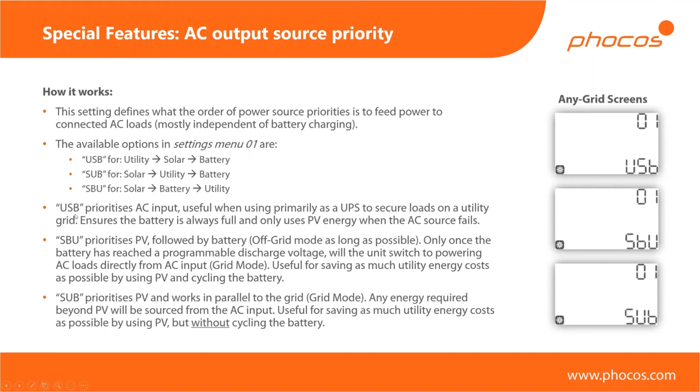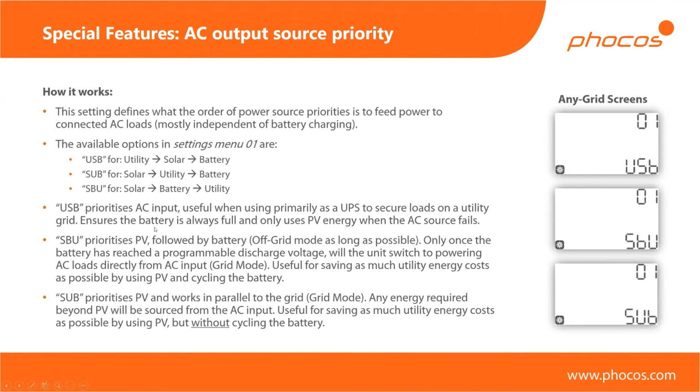So in this first USB mode, again, utility is our first priority. So we're going to use the AC input power first, followed by solar and battery last. So again, this means AC source is being prioritized. And this makes sure that your battery is basically always sitting around full.